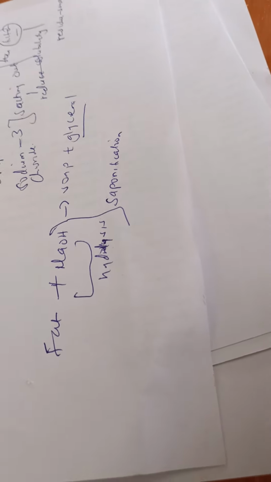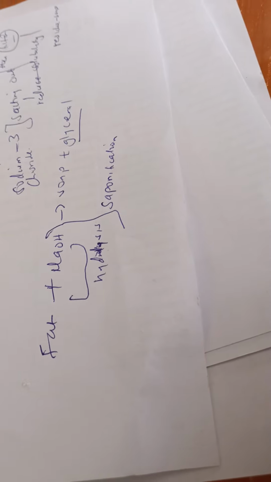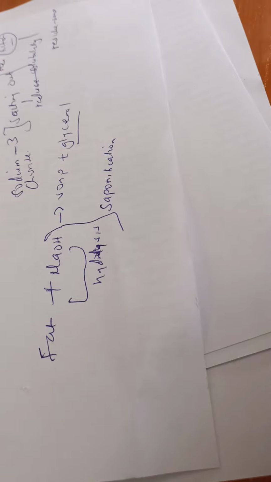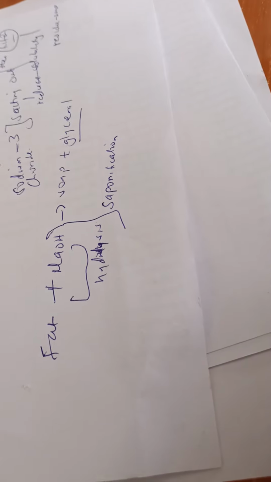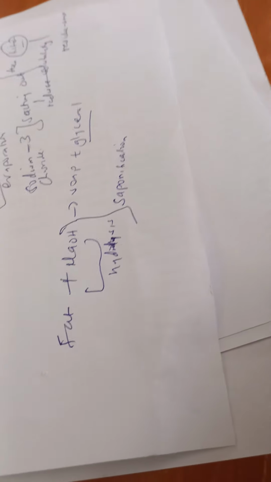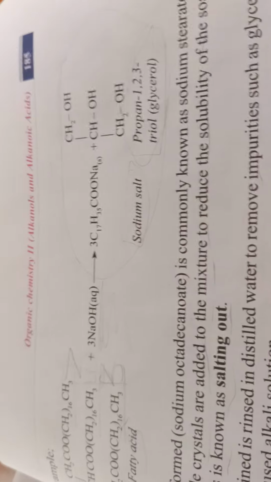And when we add sodium chloride, remember we have seen this for salting out. You rinse the soap using distilled water to remove impurities and then glycols. This is an example of a soap.